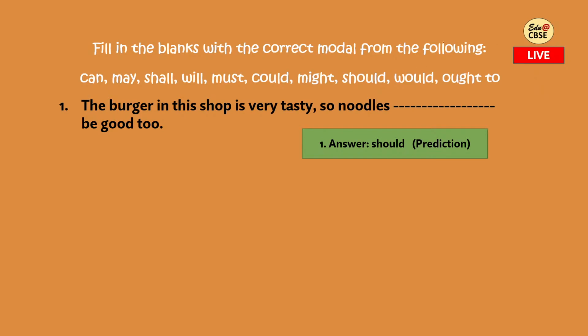The burger in this shop is very tasty, so noodles should be good too. Clear? So will नहीं हो सकता. Here the noodles अभी खाए नहीं है किसी ने. So it is a prediction कि क्योंकि burger tasty है, so noodles should also be good. Is it clear?